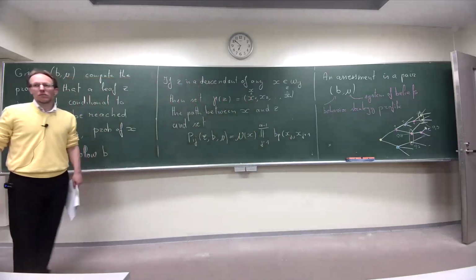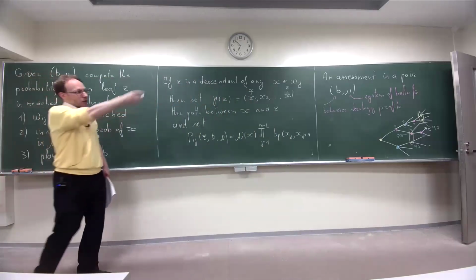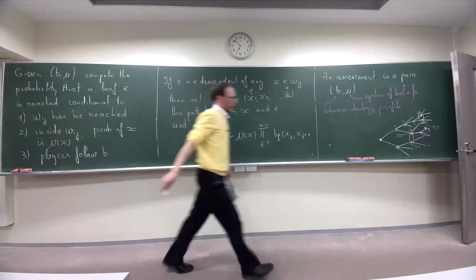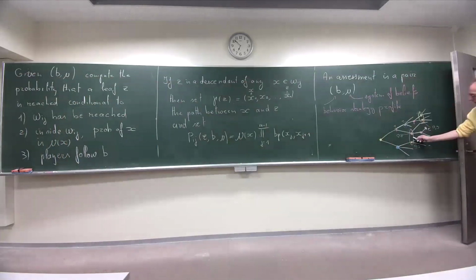Why is this? If you know that you are in omega ij, so if you know that you are here and you want to reach this point, you need to take the probability that you are exactly at this point and not at this one. So this is mu of x, and then times the number on this edge times the number on this edge.